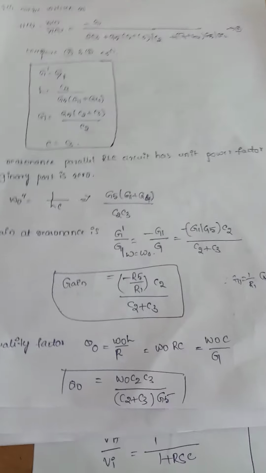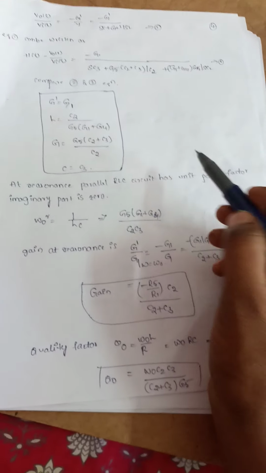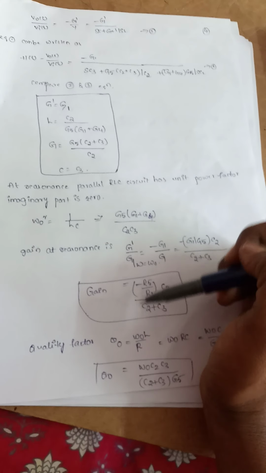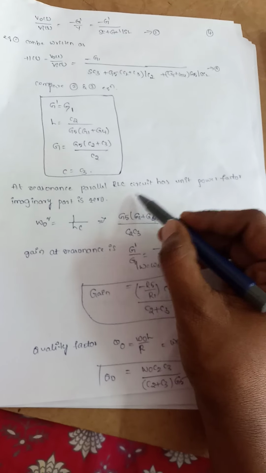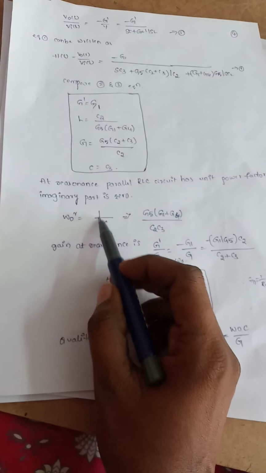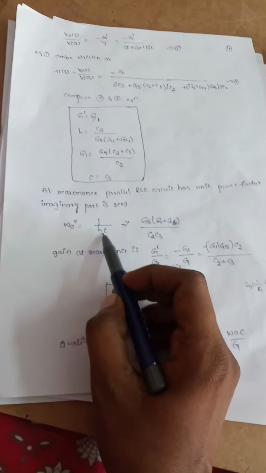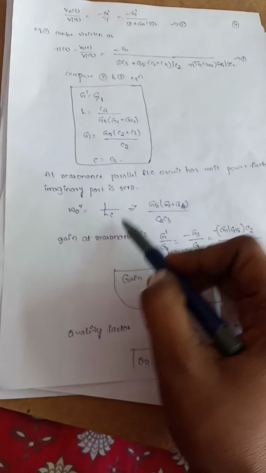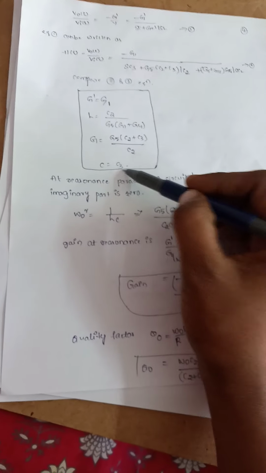And next we will calculate the frequency, quality factor and gain. For the parallel RLC circuit, omega naught square is equal to, the formula is 1 by LC. Here in place of the inductor we are substituting this value, and in place of the capacitor we are substituting C3.